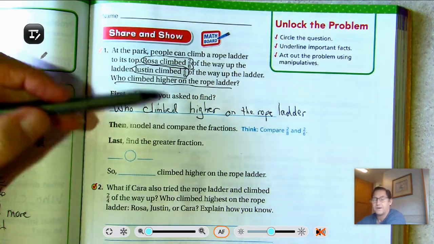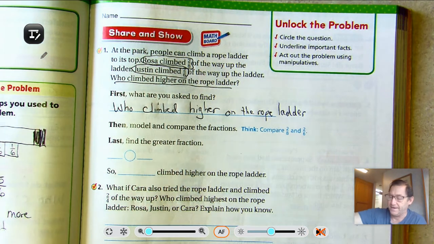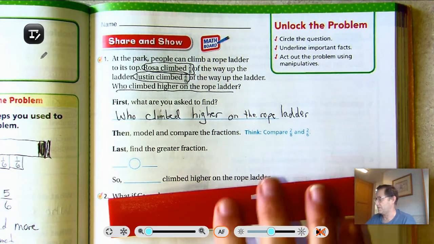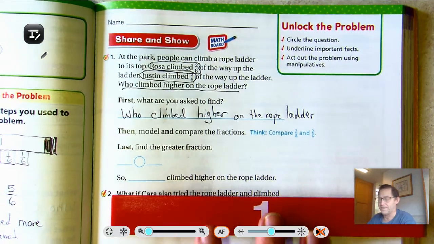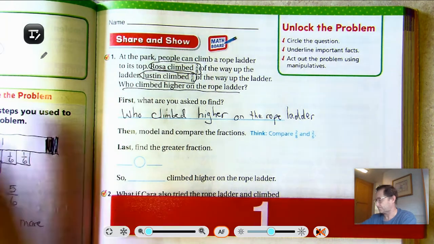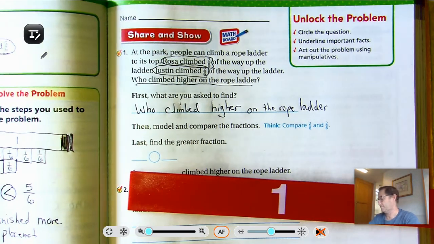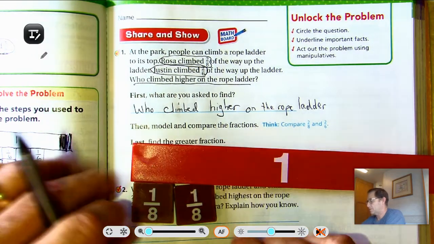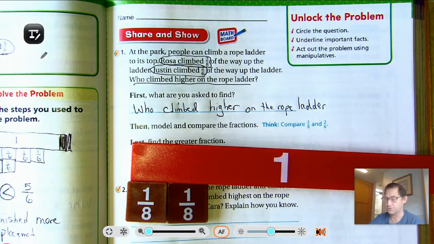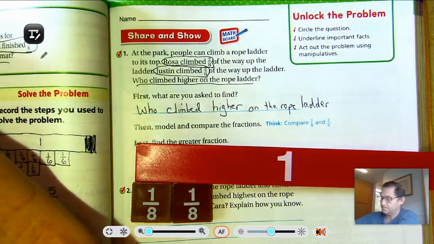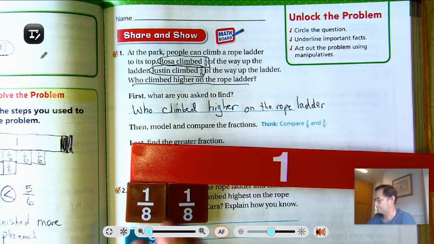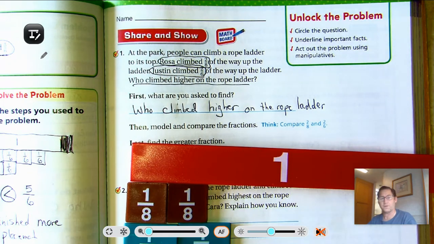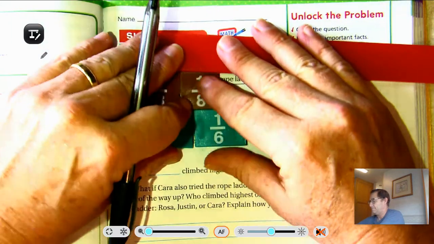Okay, we're going to model and compare the fractions. So again, let's see. We have our benchmark of 1, and we have 2/8. 2/8 compared to 2/6. Okay, so let's look at that.